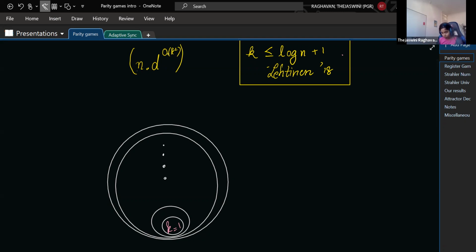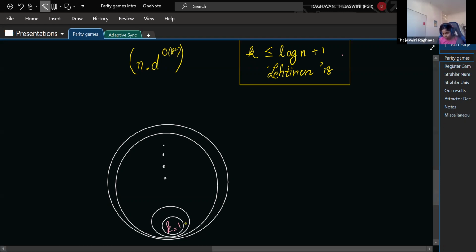If you, for instance, take k equals 1, suppose this huge circle denotes the set of all parity games winning for Steven. Then k equals 1 would solve a small set of games.